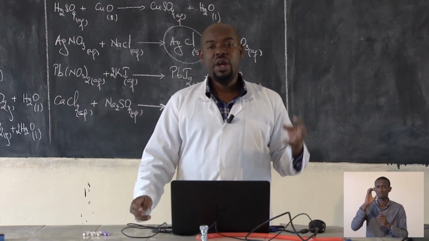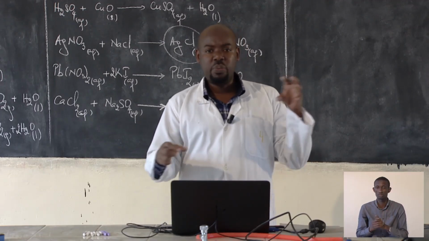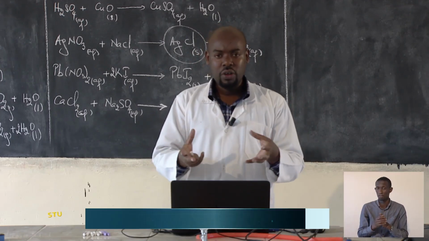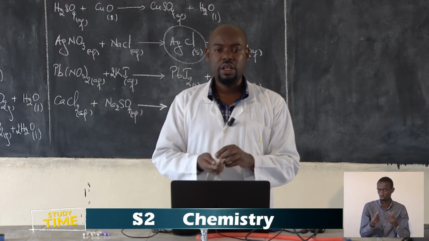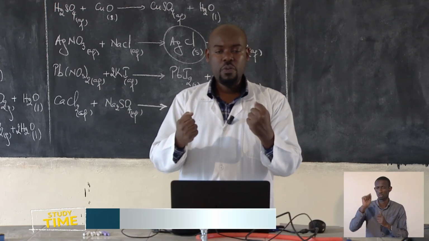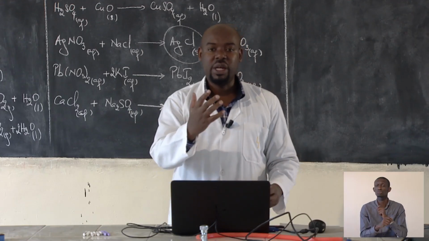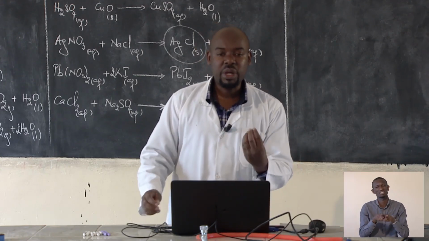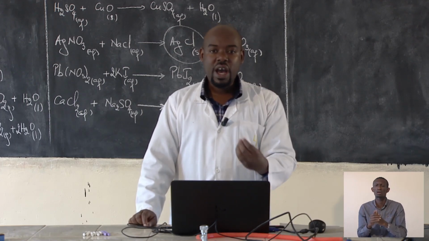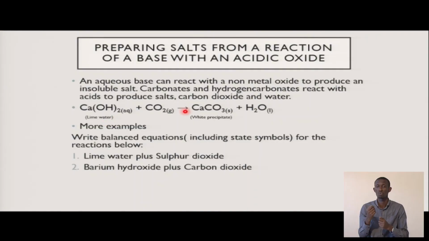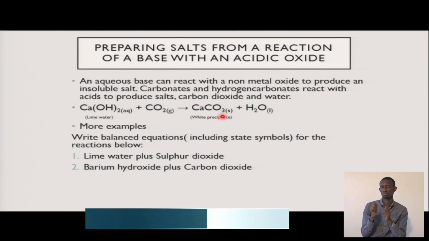What happens when you take carbon dioxide and bubble it in a solution of lime water or a solution of calcium hydroxide? The solution becomes, we say that it becomes milky. Why does it become milky? It's because we produce a white precipitate, this calcium carbonate, which is insoluble in water.